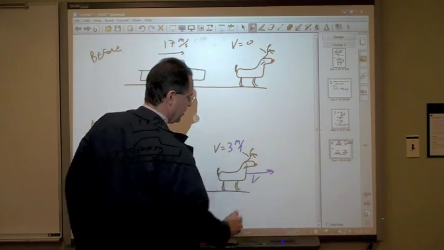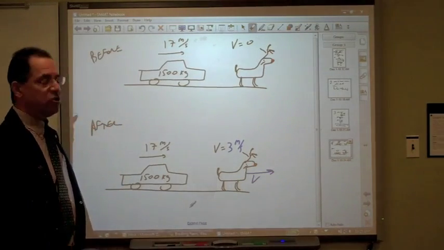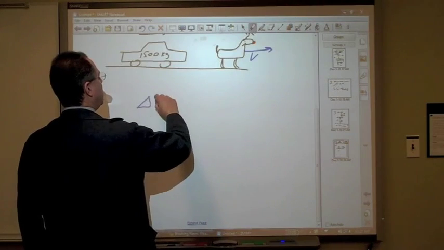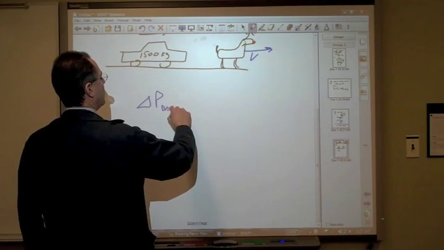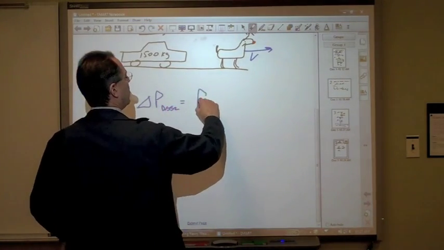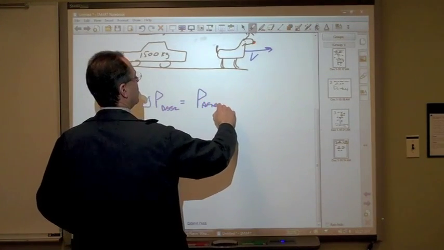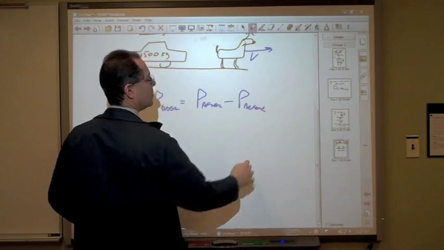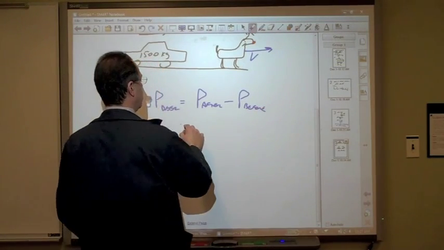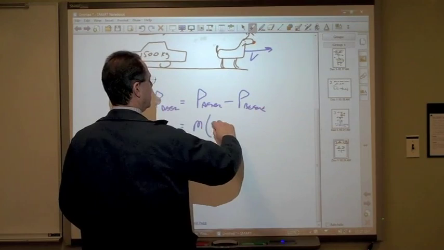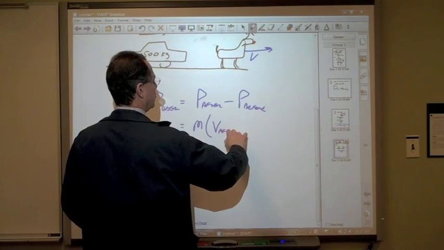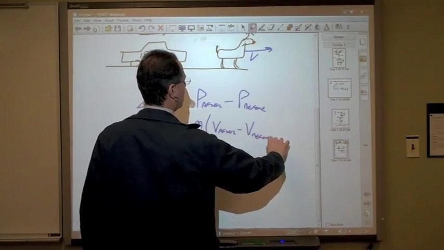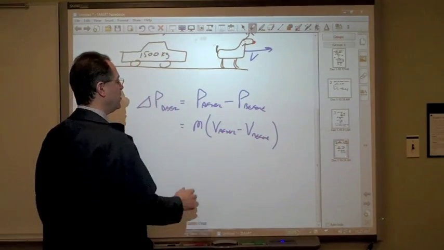At some velocity. So the change in momentum of the deer, delta P for the deer, is really his momentum after minus his momentum before. We could write it this way as his mass times his velocity after collision minus his velocity before. Right? Mass times the change in velocity.